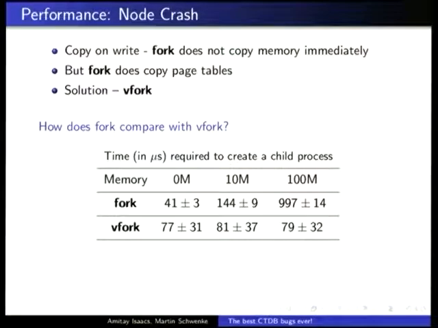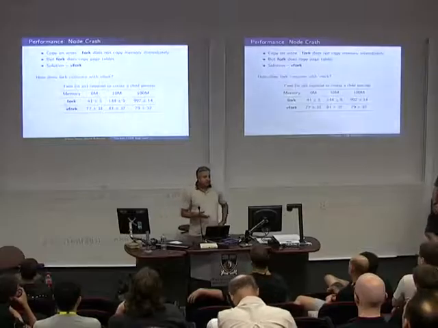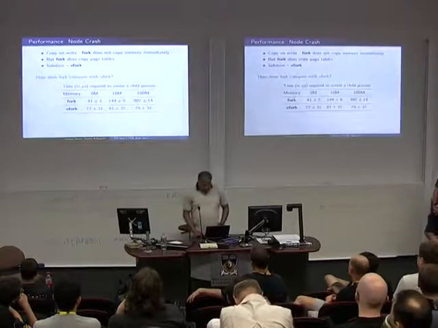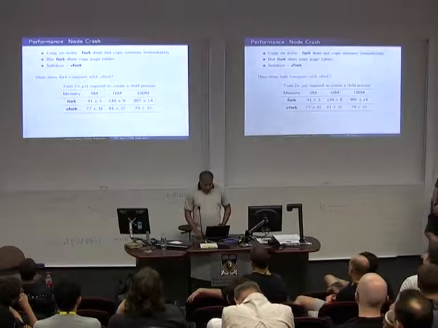It just takes about 40 microseconds on that particular hardware. But if you start allocating more memory and then try to do a fork, it starts taking more and more time, and we are seeing about 2 to 3 milliseconds per fork on our system. So obviously, vfork has a benefit here. It's more or less constant.